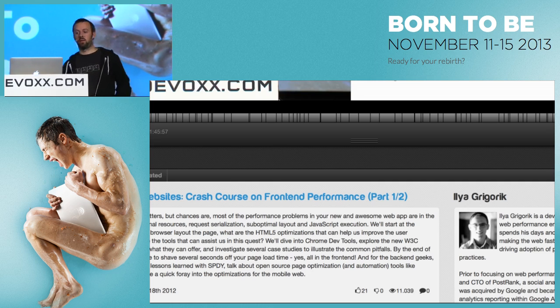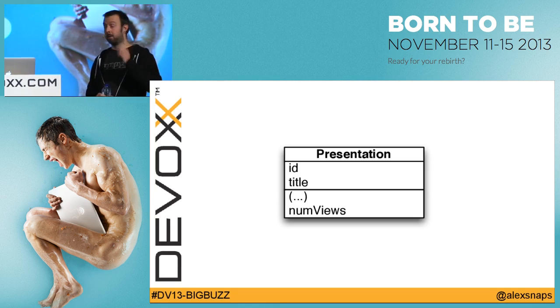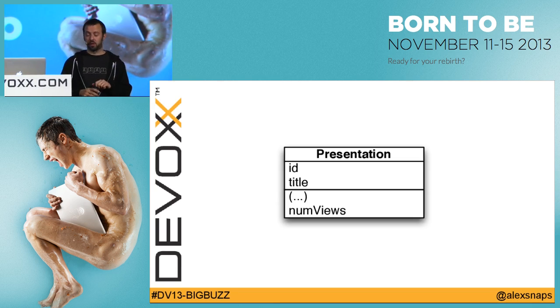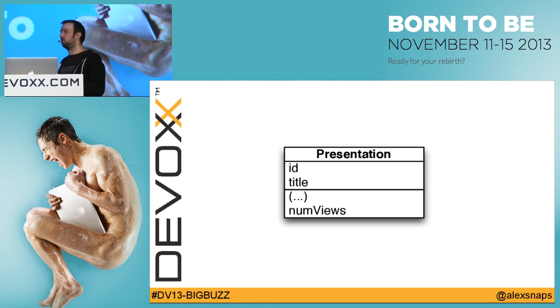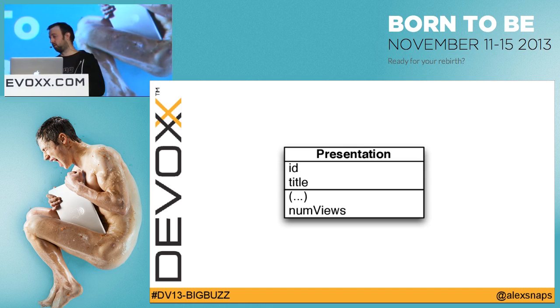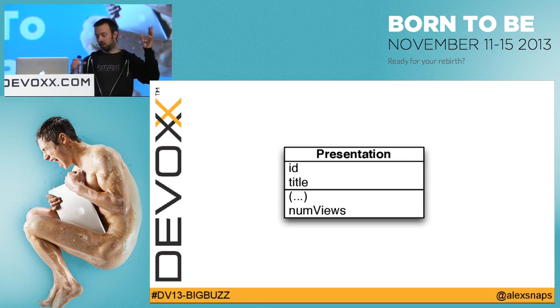So I guess this kind of schema wouldn't surprise anyone. Imagine this sits inside a relational database, so I would expect to have a presentation table that has a primary key, has a title, has a short description, a longer description, blah, blah, blah, God knows what.